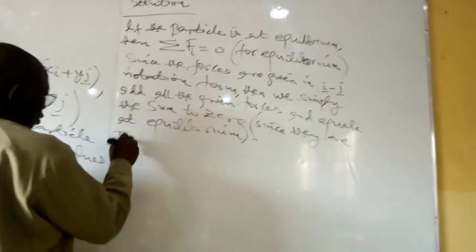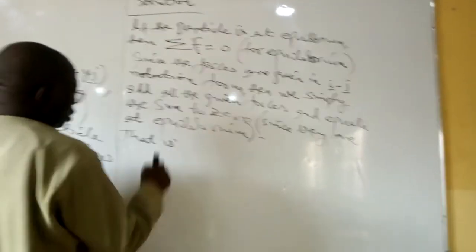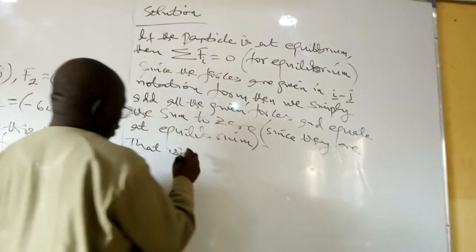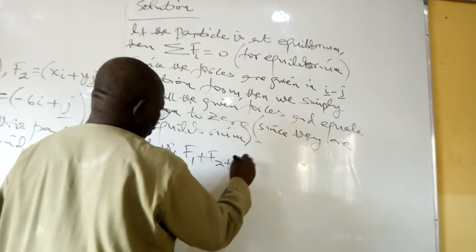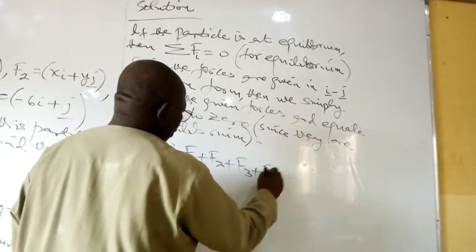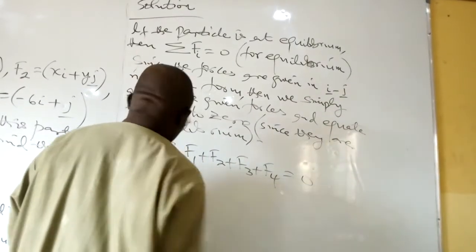That is, F1 plus F2 plus F3 plus F4 is equal to 0.